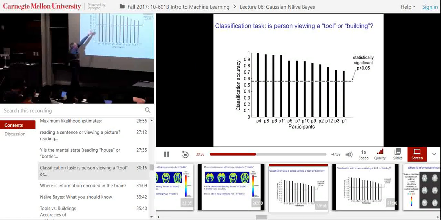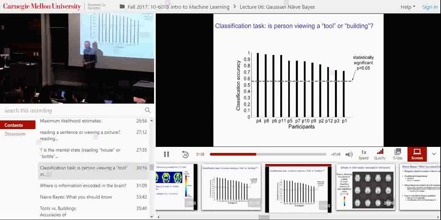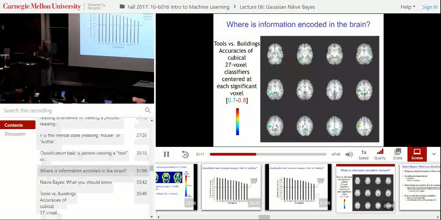And you see that, especially for people who stay very still in the scanner, we get very good accuracy. People who wiggle a lot give us still better than chance, but not perfect.